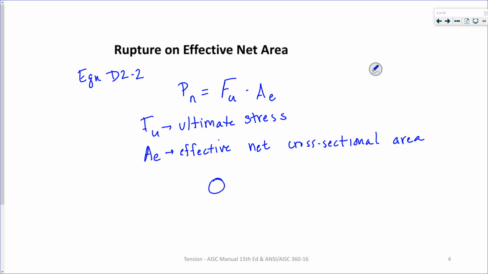And my phi factor associated with the limit state of tensile rupture is 0.75.